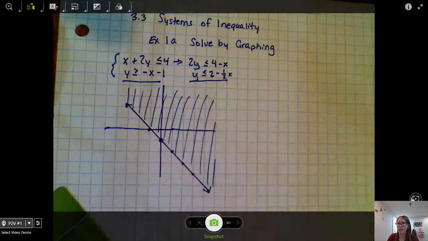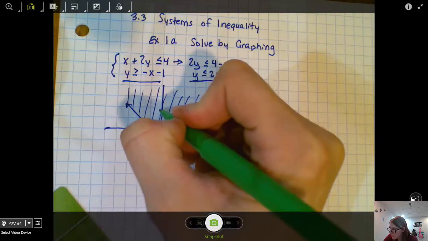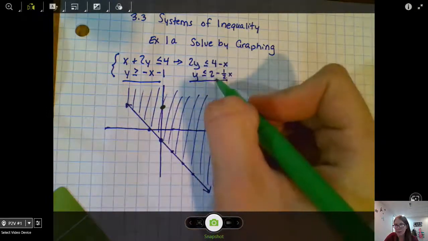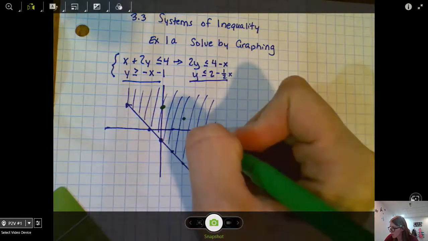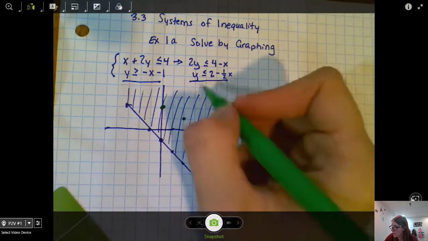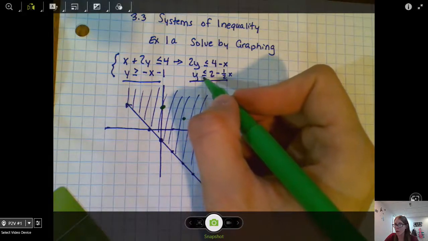Next, y is less than or equal to 2 minus 1/2 x. And I will use a different color here. My y-intercept is 2, and my slope is negative 1/2. So down 1 over 2, down 1 over 2. And we have a solid line again because I have the less than or equal to option.